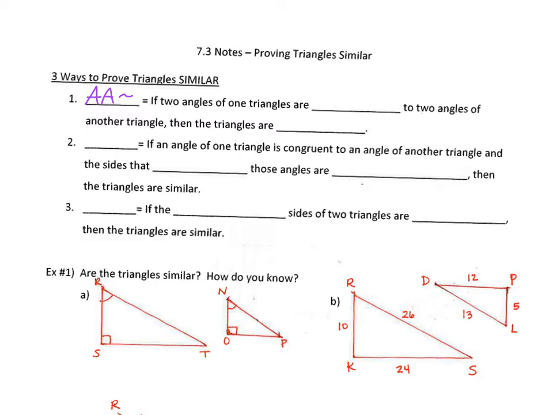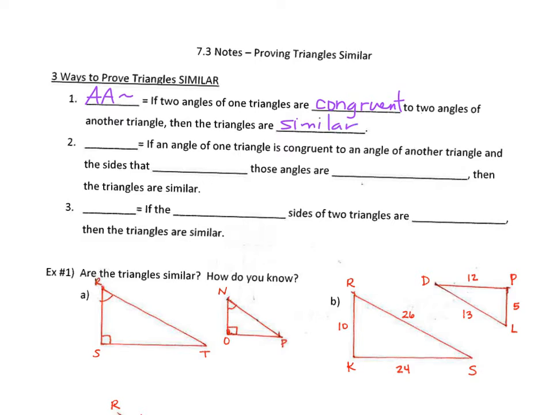Technically, it could be AAA also, that's not wrong, but you don't need the third A. You only need 2 angles because third angles theorem says that third angle will be congruent, okay? So here's what AA similarity does. It says if 2 angles of one triangle are congruent to 2 angles of another triangle, then the triangles are similar, okay?